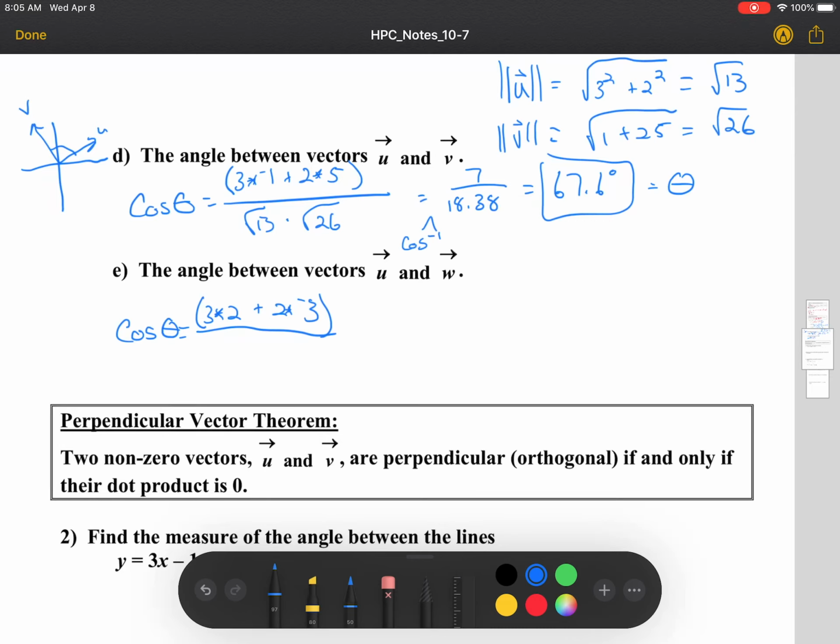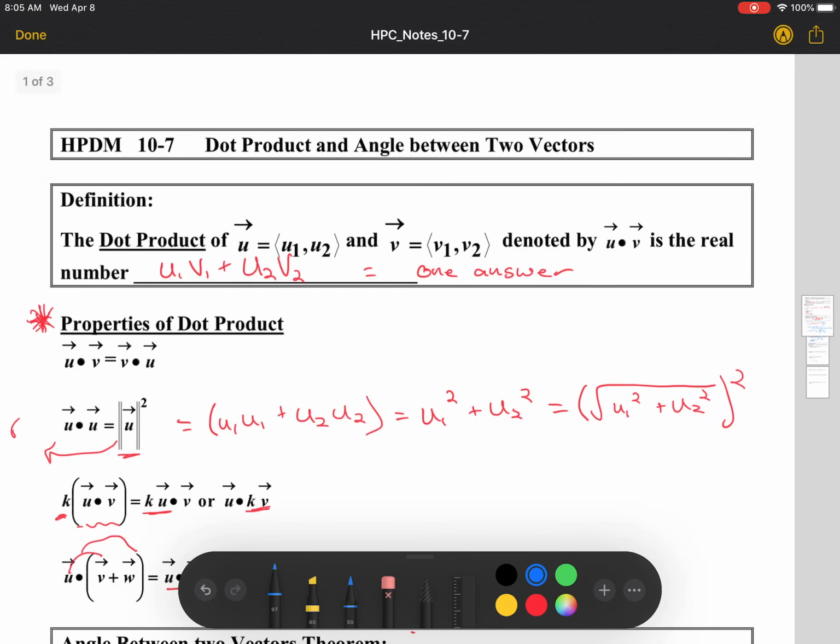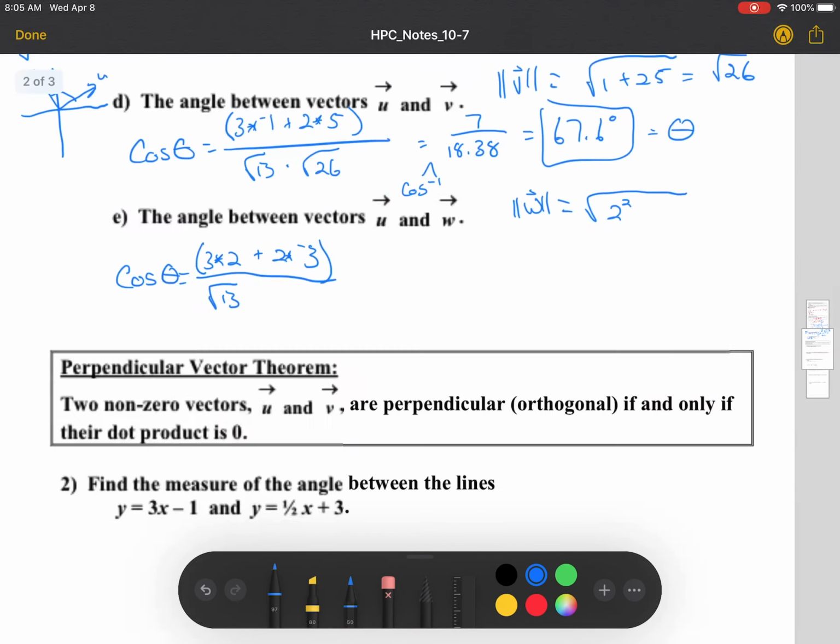We already got our norm value of U, which is square root of 13. Our norm value of W we'll do up here, which equals the square root of 2 squared plus -3 squared. Again, that's going to give us a square root of 13.